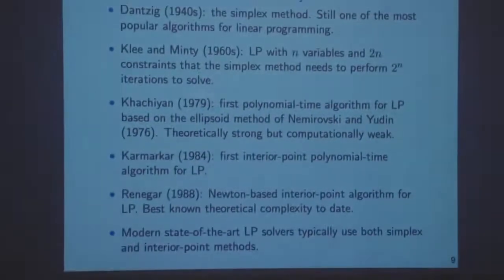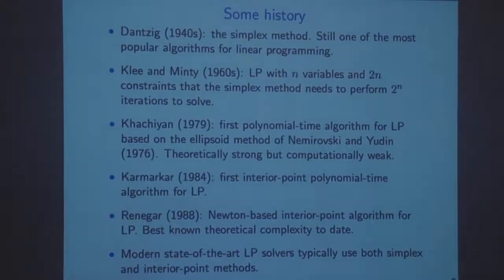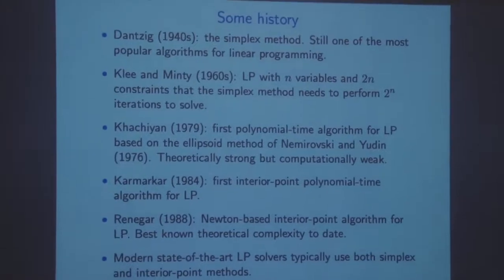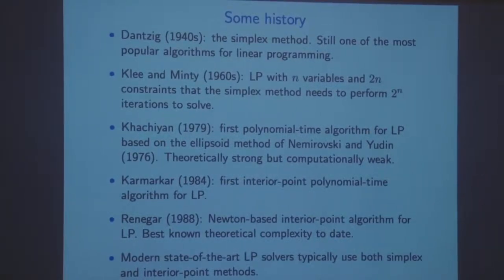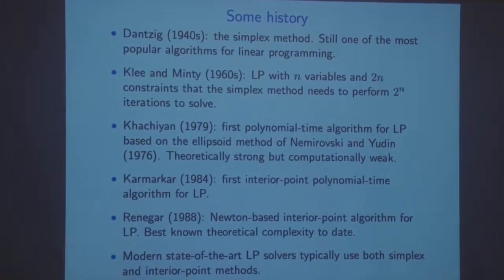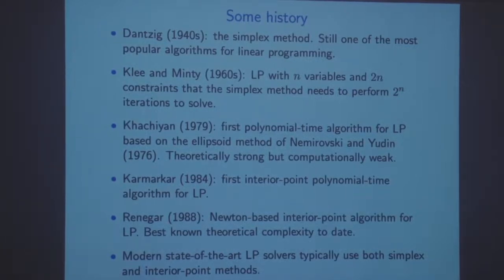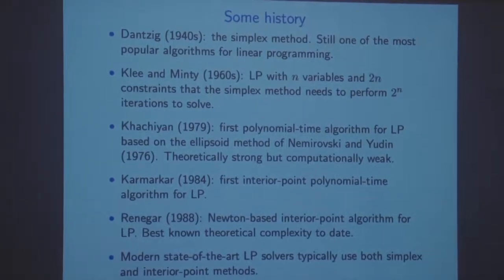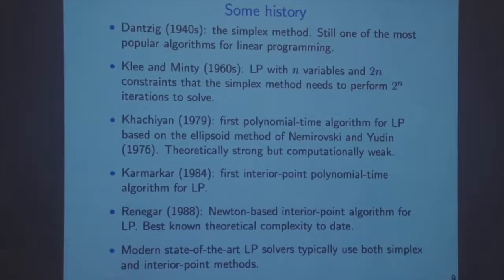So let me tell you a little bit of history related to these algorithms and to linear programming. And this is just a few highlights that reflect my personal biases. So Dantzig in the 40s developed the simplex method, and it's really one of those remarkable algorithms that to this date is still the most popular method to solve linear programs.